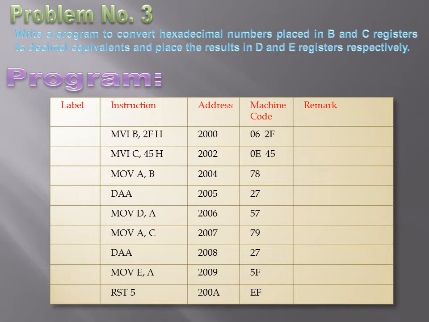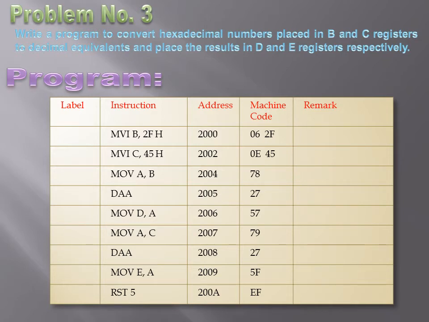So we move A,B, meaning B will be moved to A, then the accumulator will be adjusted to decimal, and then these decimal contents in the accumulator have to be transferred to the D register. This one byte job is over.